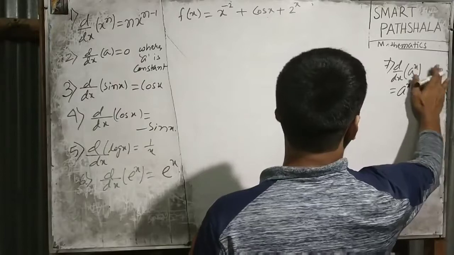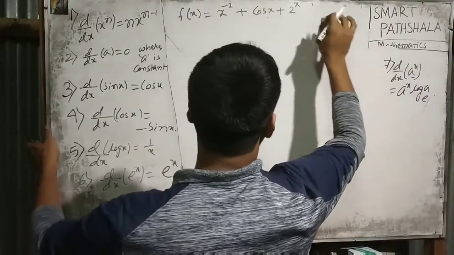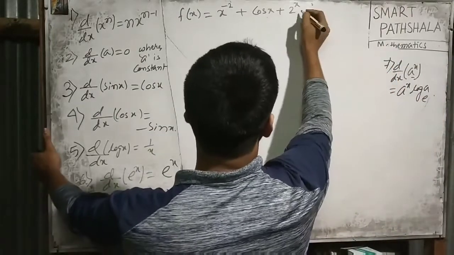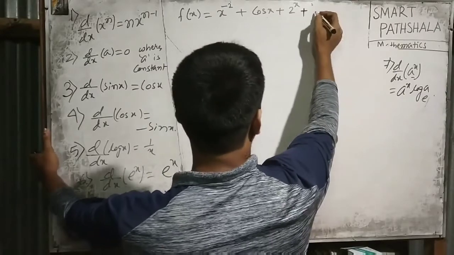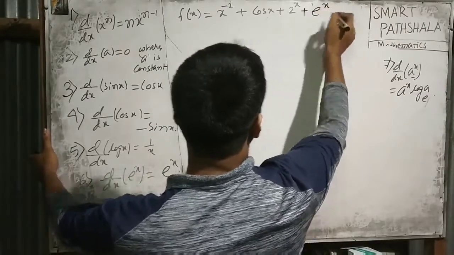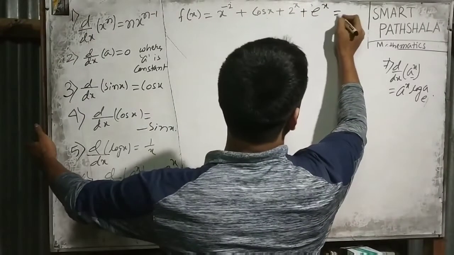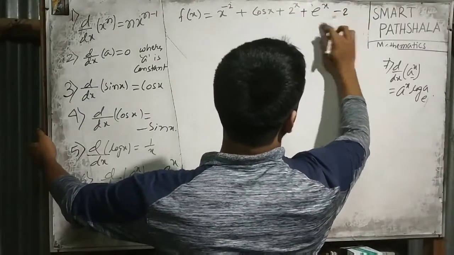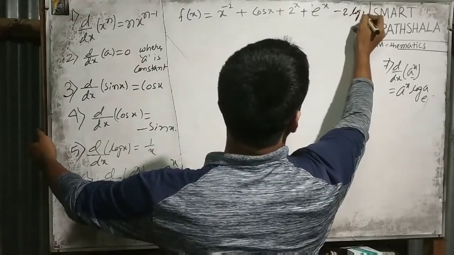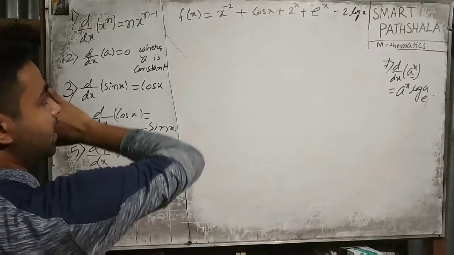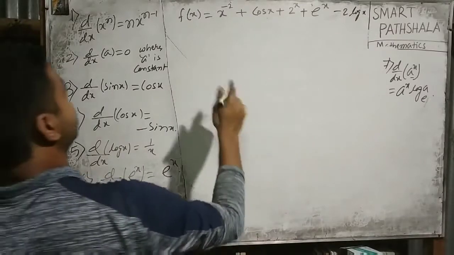A can be any number. Just remember this thing. So, cos x plus 2 to the power x, suppose, and e to the power x again. Now, let us solve it. Or you can have minus 2 log x. Now what we will do is apply all the formulas here.